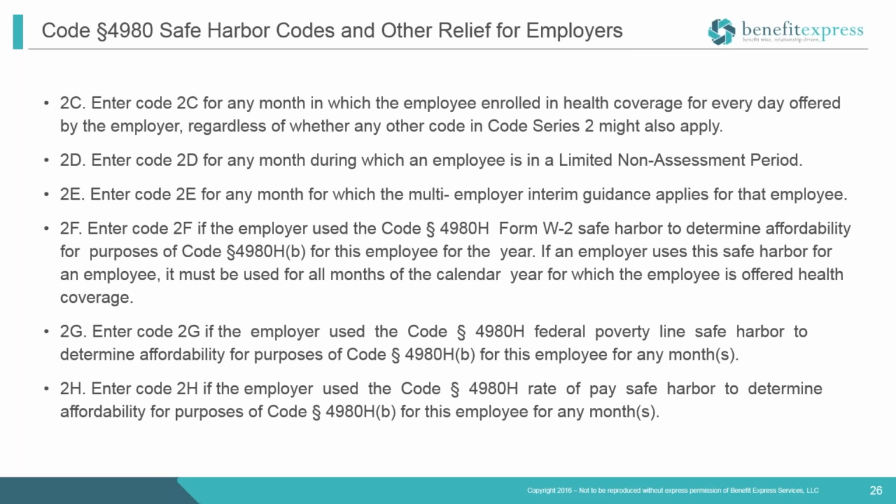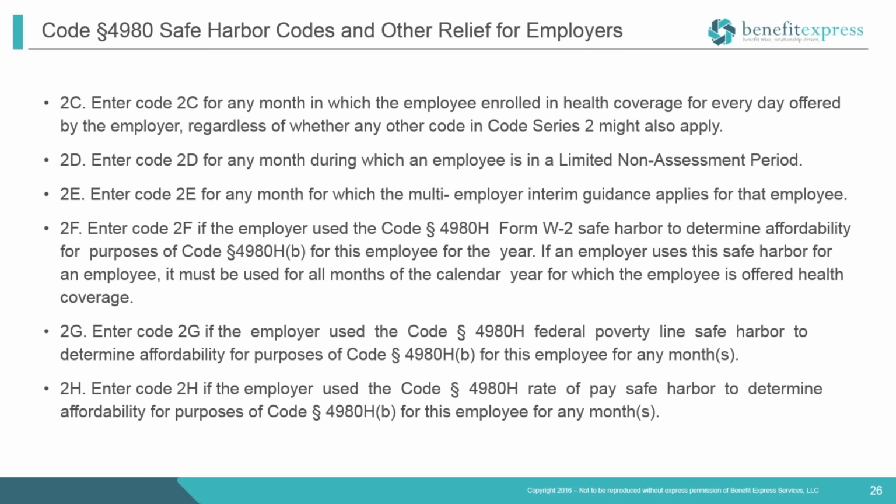Another important code is code 2C. If that person was covered by the plan, you use 2C. So for most of your employees, that's going to be an extremely important code. 2C is going to be very important. 2D, for any month that person was either in a waiting period or in a measurement period, you use 2D to indicate that.